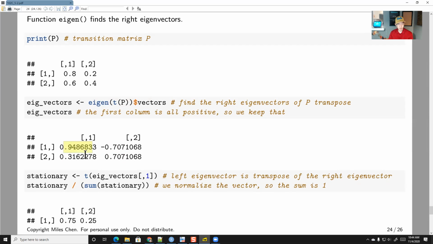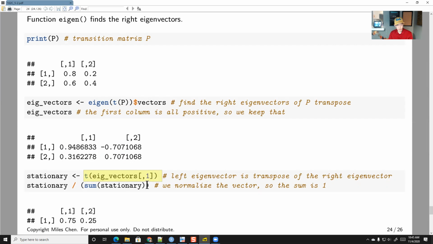I'm going to take the first column of the eigenvectors and transpose that. The left eigenvector is a row vector, so we take the transpose of this, and that's going to be my stationary distribution.